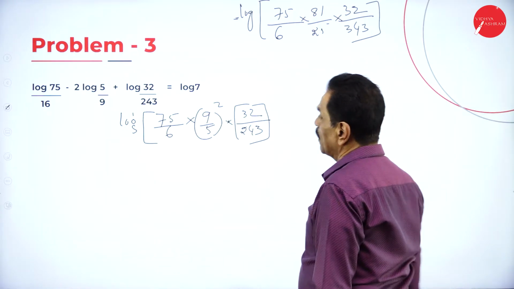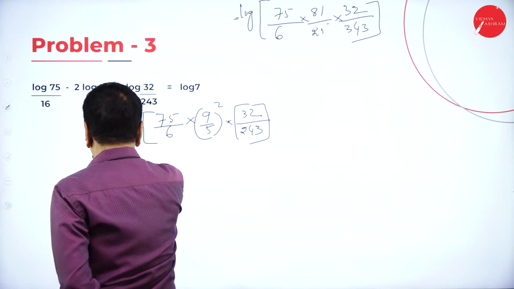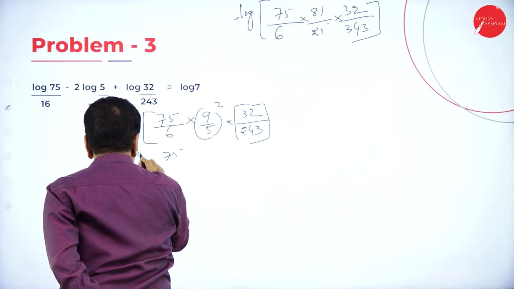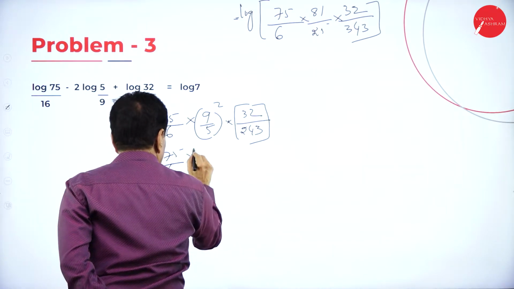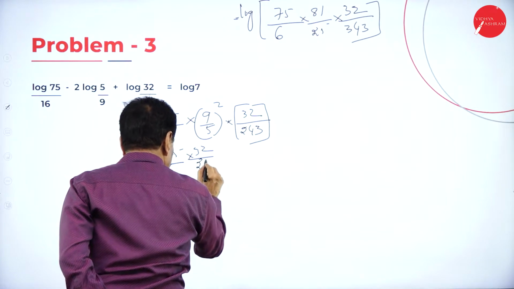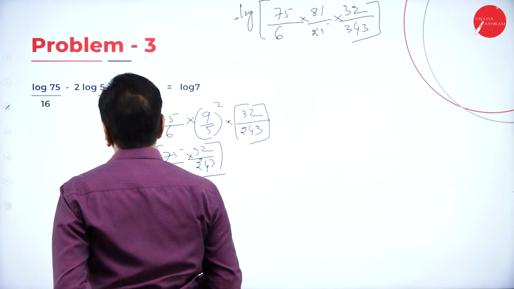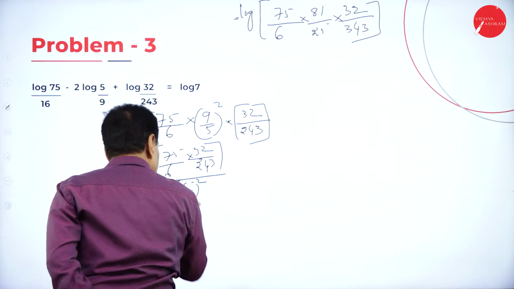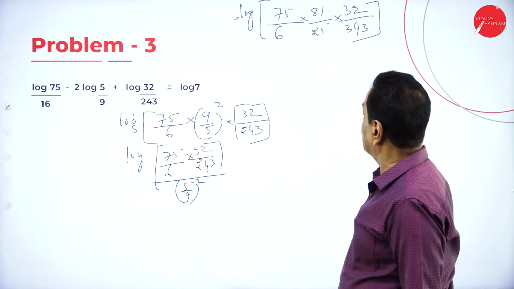No problem at all. We can write this one this way also. 75 divided by 16 into 32 divided by 243 divided by 5 by 9 whole square. We can write it. Then we can take outside. So I directly taken, that's all.